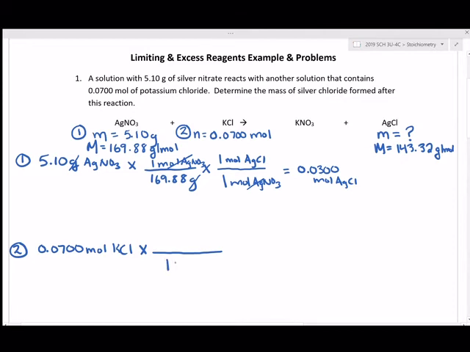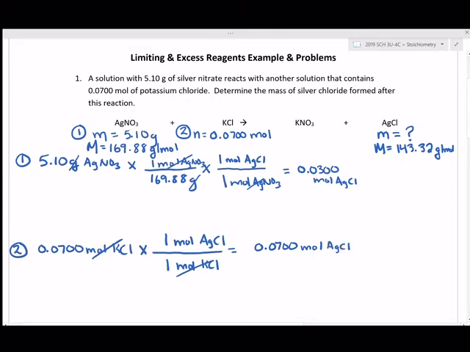So I just need to use my mole ratio. So 1 mole of potassium chloride will always make 1 mole of silver chloride. Okay, so obviously we get the exact same answer, but our units have changed because moles of potassium chloride is gone and we have silver chloride.